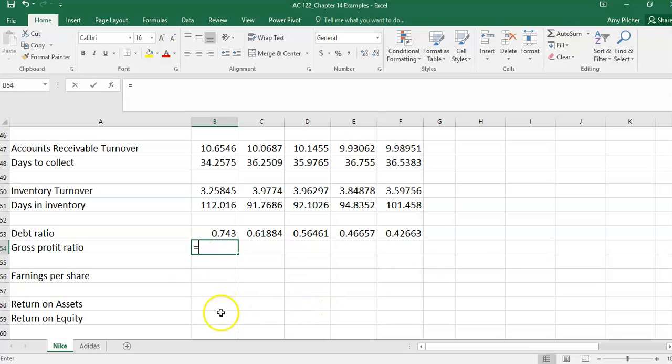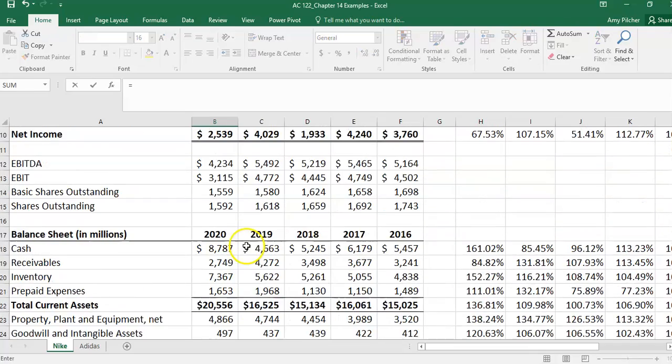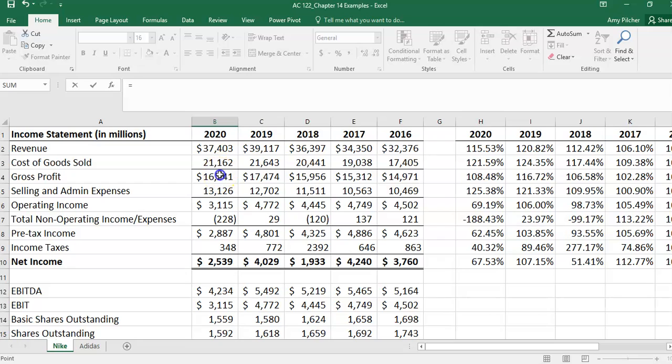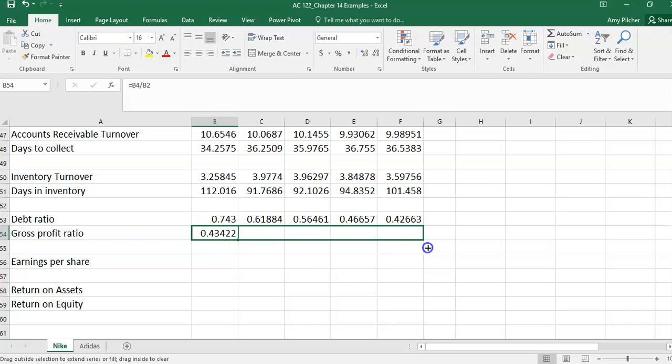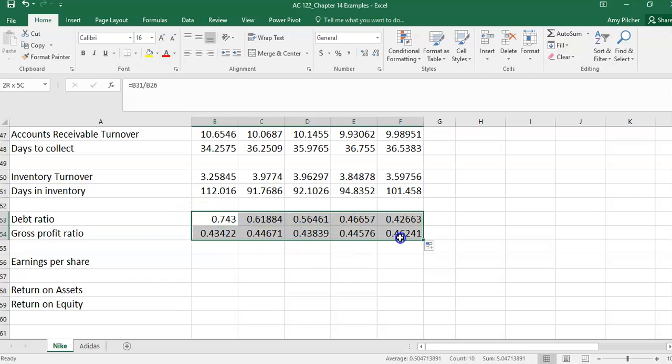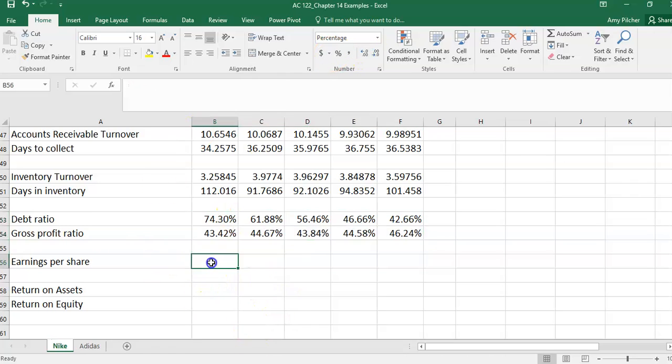The gross profit ratio is our gross profit divided by revenues. This would also be similar to what we saw in the horizontal or the vertical statement information. Earnings per share is net income divided by the outstanding shares.